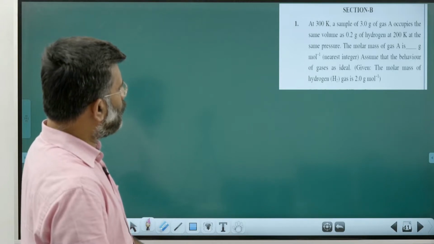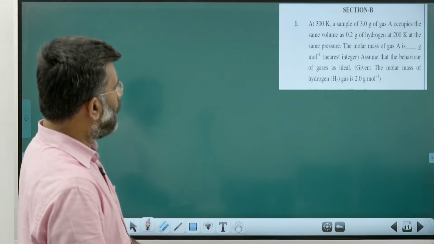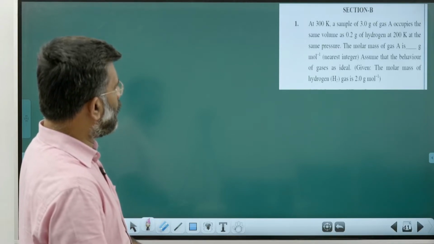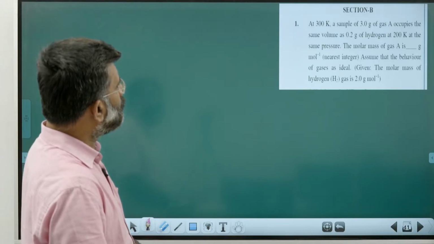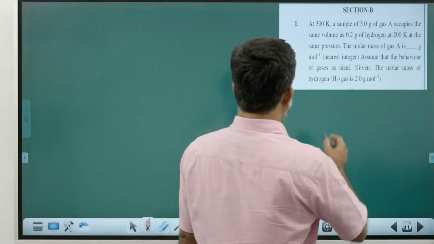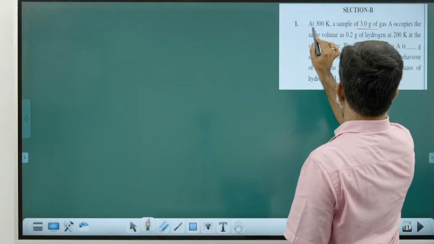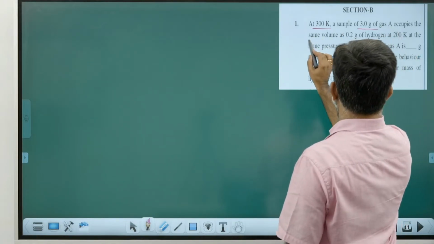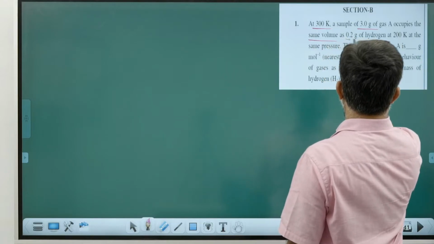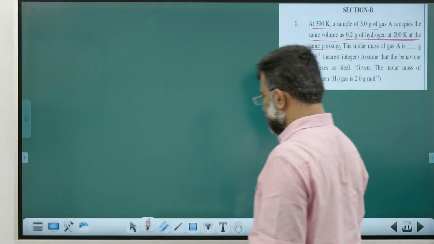The molar mass of gas A is dash gram. Assume ideal gas behavior.